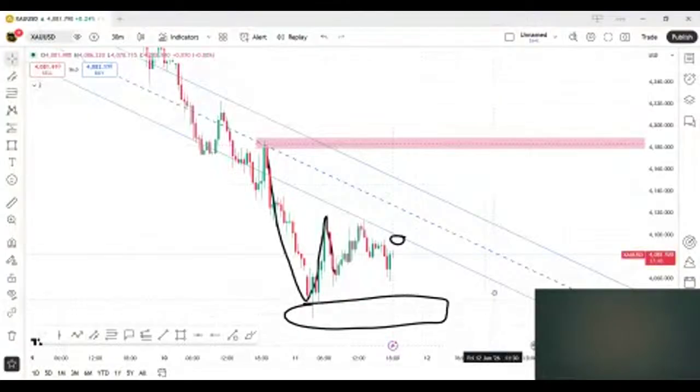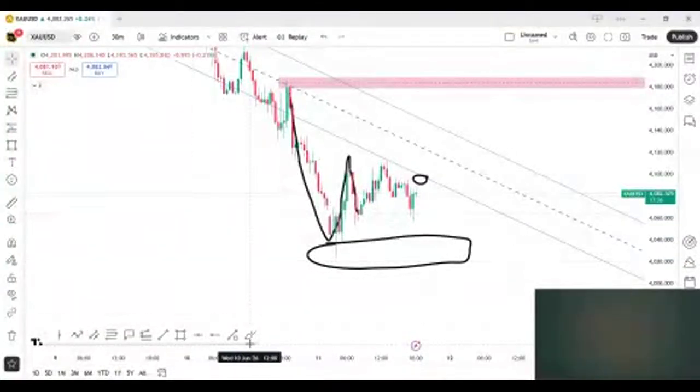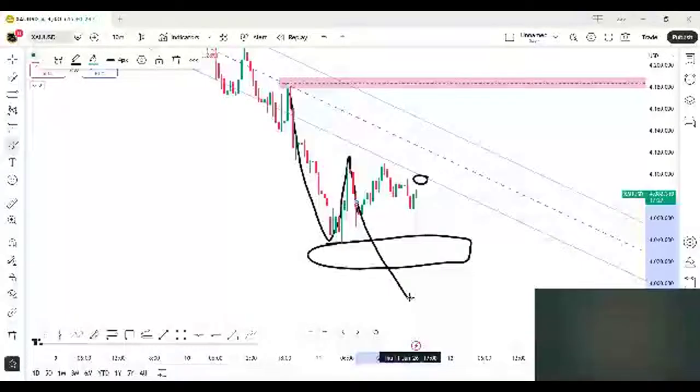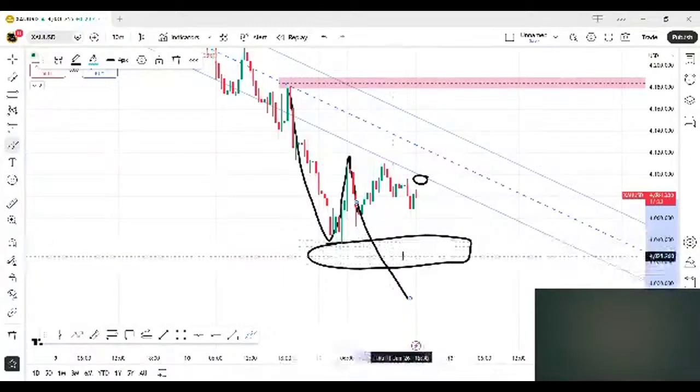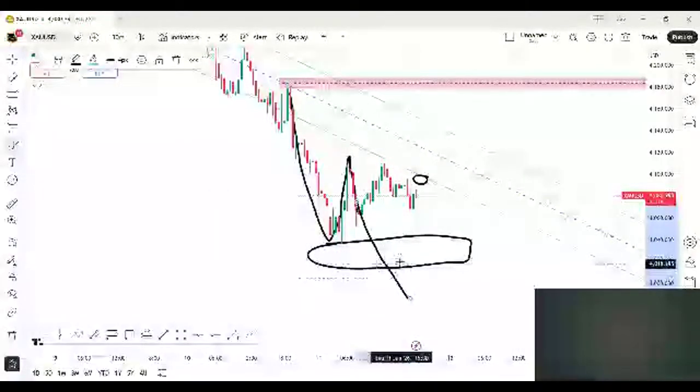The second thing is that right now the market will try its best to give us the breakout below this area. The market needs at least a breakout below this area. Why am I telling you this?